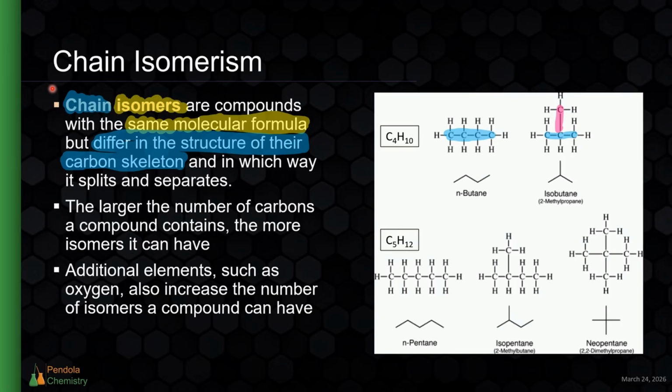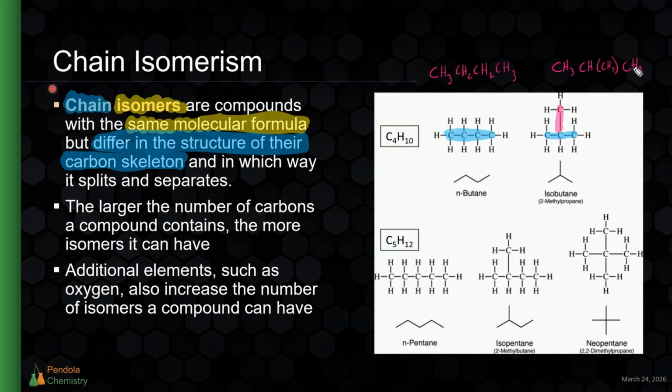If we were to draw the structural formulas for this, for butane we will have CH3, CH2, CH2, CH3, whereas for 2-methylpropane, we will have CH3, CH, CH3 in parentheses because that's a side chain, CH3.